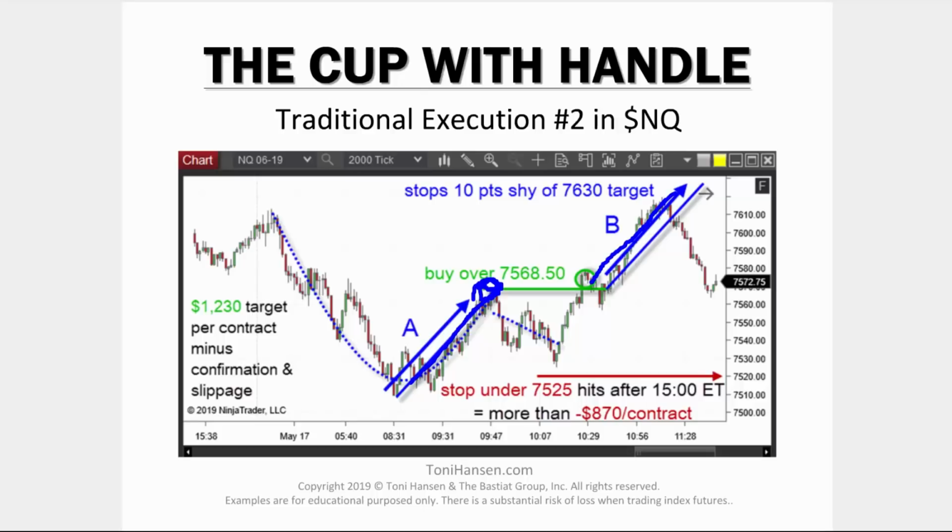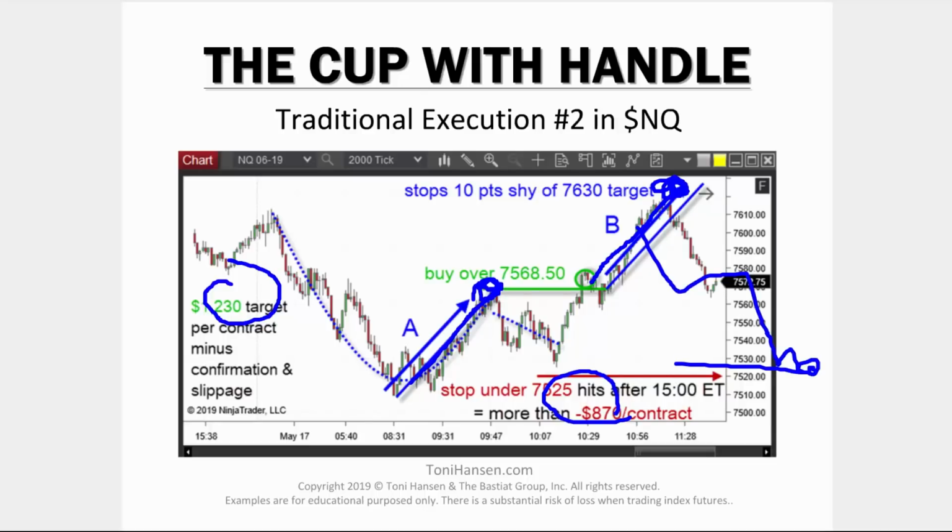Your return compared to what your risk just isn't that great. You'd have a potential target of 1,230 with one contract on the NQ, but your stop would be over $870. What you'll notice is this didn't even hit that measured move. It didn't hit that full target level. In reality, it pulled back, it took out the stop.